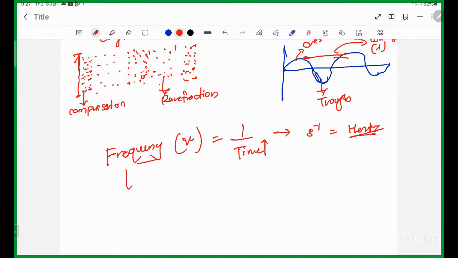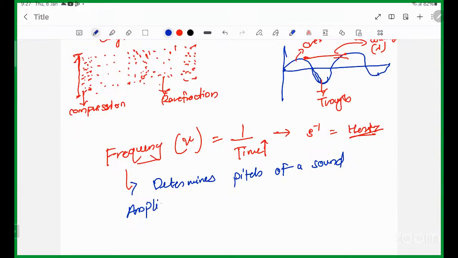What does frequency do? It determines the pitch of a sound, and the amplitude determines the loudness of a sound.